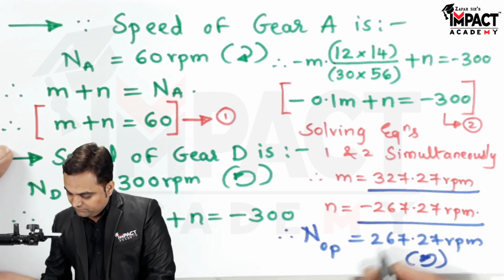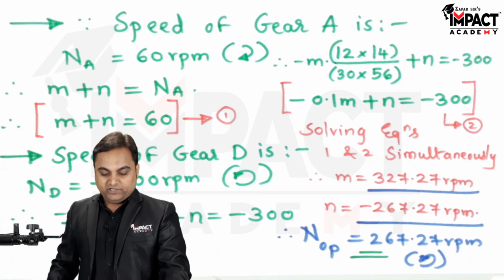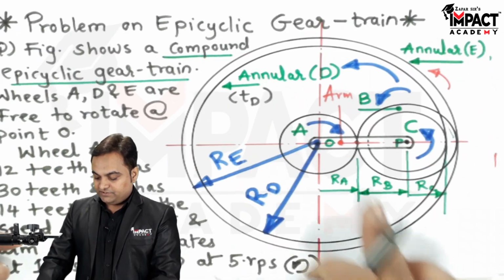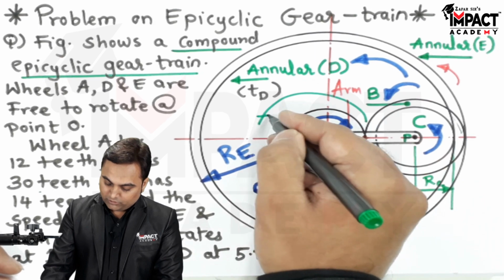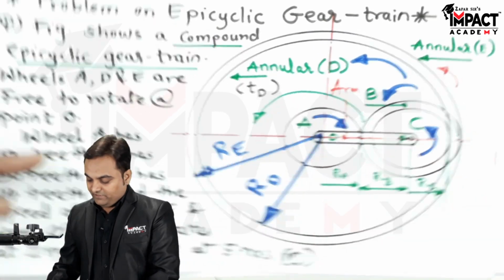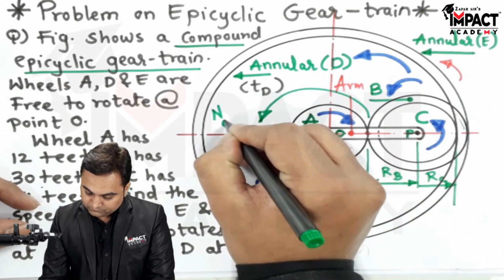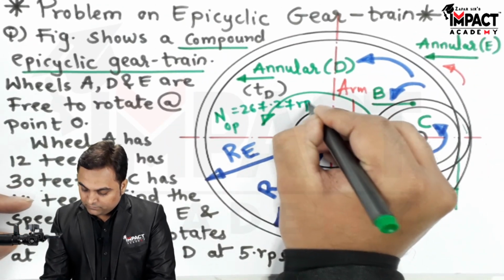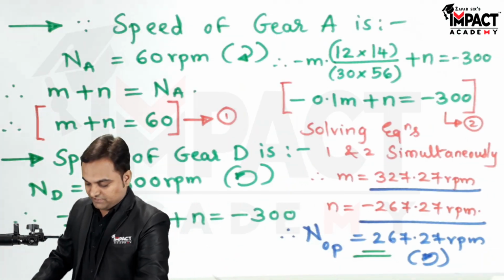It means under the given conditions, this arm OP would be rotating in an anti-clockwise manner at 267.27 rpm.